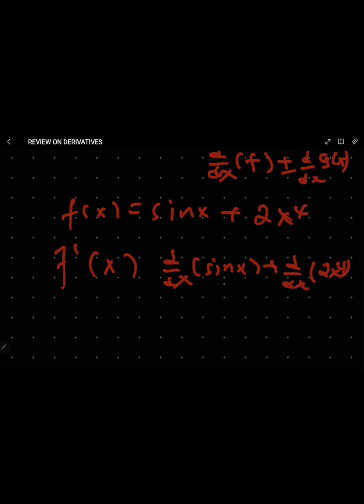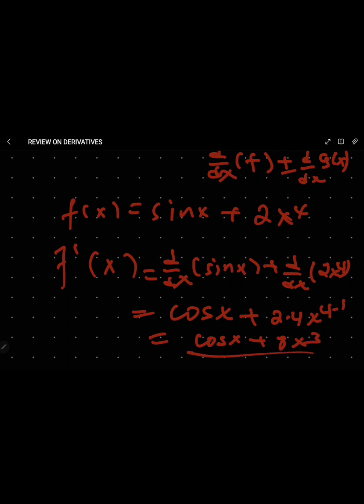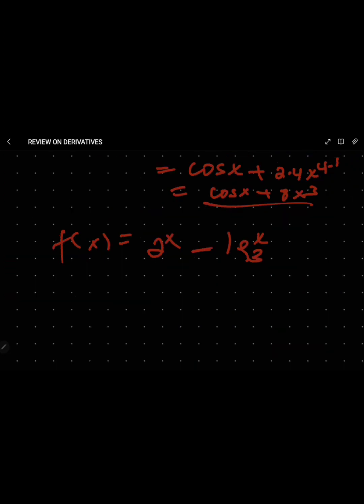What is the derivative of sine x? It is cos x, plus the derivative of 2x raised to 4, which is 2 times 4 times x raised to 4 minus 1. So this is the same as cos x plus 8x raised to 3. That's how you do it.